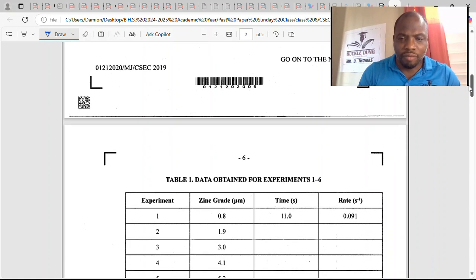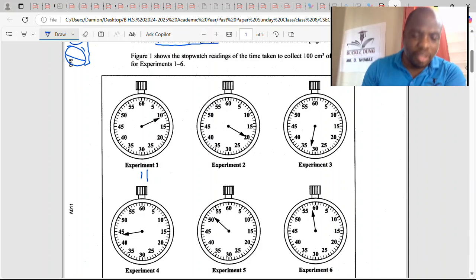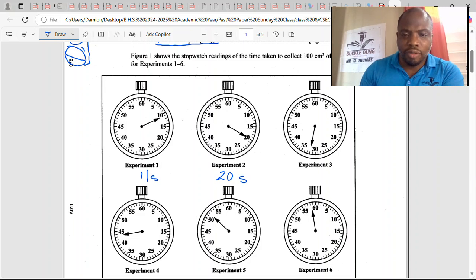Yeah, so 11 seconds, because that's what we use as the unit in the table. That is 40 seconds. Please write these down so that we can use them in the table.